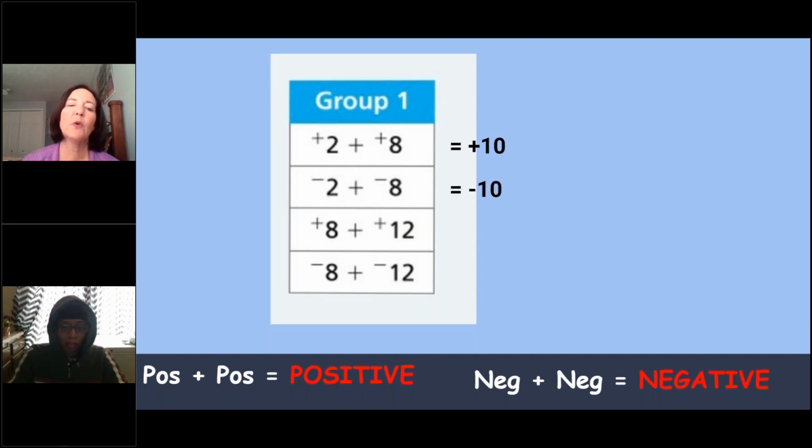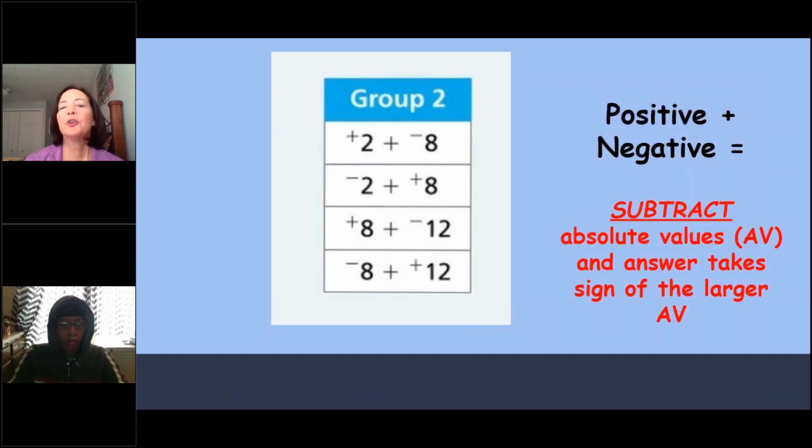How about 8 plus 12? What is that going to equal? It's a positive 20. Awesome. How about -8 plus -12? It's a -20. Perfect. Okay, group 2 is a little trickier. They have different signs. One's always a positive, one's a negative. So we're actually going to subtract the two absolute values, and then we're going to keep the sign of the larger absolute value.